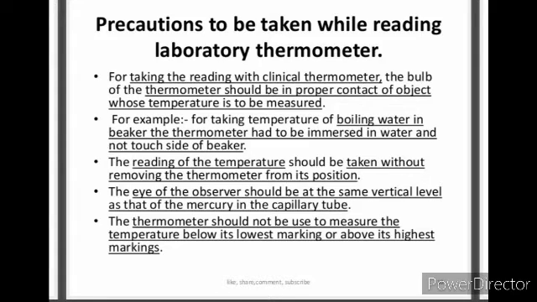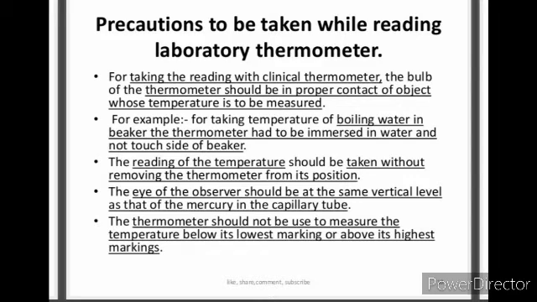Next, the reading of the temperature should be taken without removing the thermometer from its position. It should be kept still, and at that time only the reading should be taken. The eye of the observer, this is the main point, we have to take care about this. The eye of the observer should be at the same vertical level as that of the mercury in the capillary tube. The thermometer should not be used to measure temperature below its lowest marking or above its highest marking, that is not below 0 degrees Celsius and not above 100 degrees Celsius, because at that time some dangerous thing can happen.